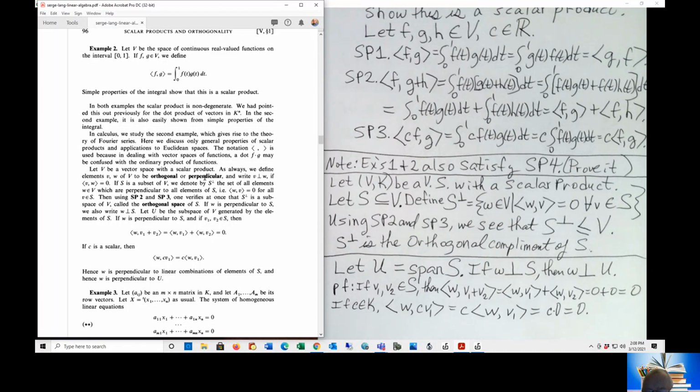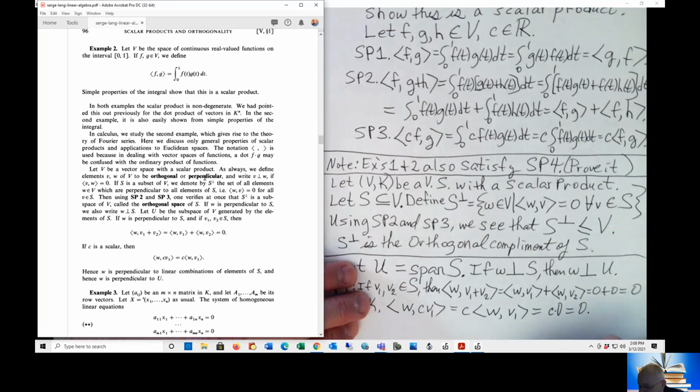And so if a vector is perpendicular to S, it must be perpendicular to the span of the set S, which I'm calling U.